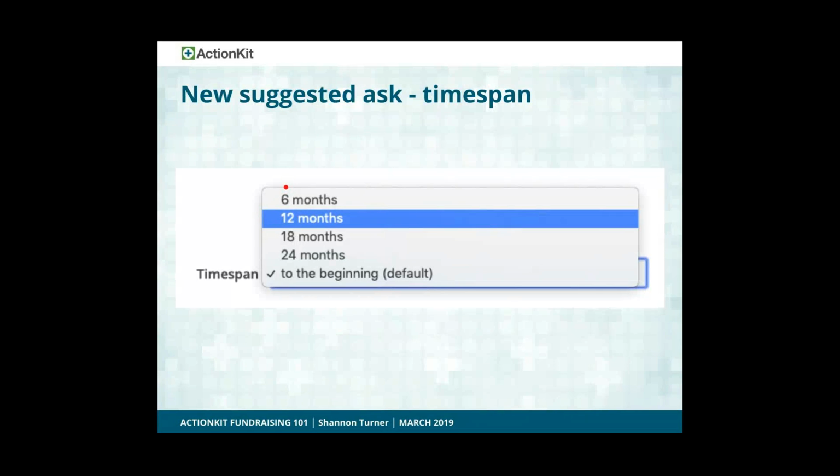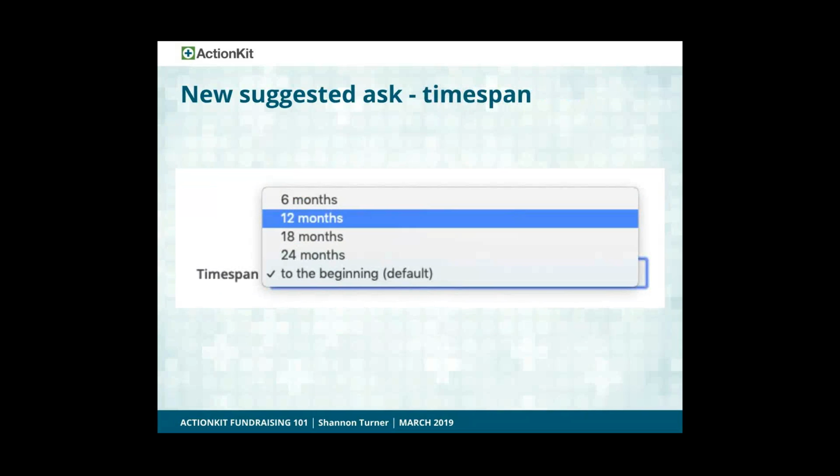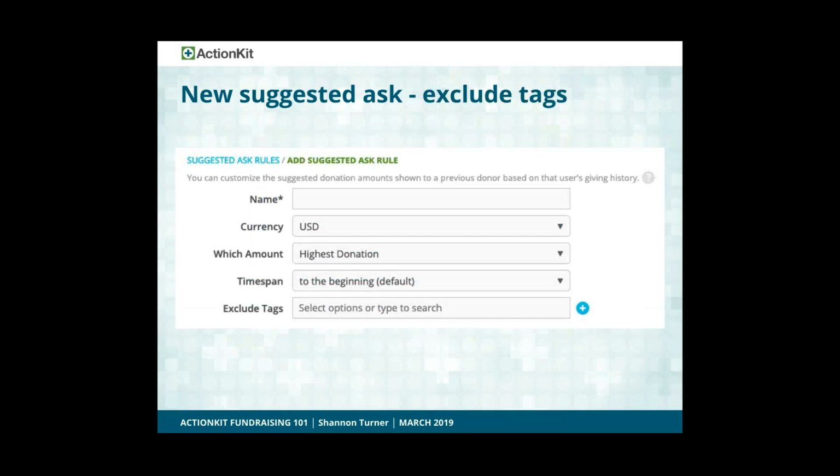So you really have a lot of options to slice and dice between the amount and the time span to figure out how much money you should ask and what you think is going to be most relevant to the folks on your list. There's also an option to exclude tags, which will exclude donations that are made on any pages with those tags when it's performing its calculations.